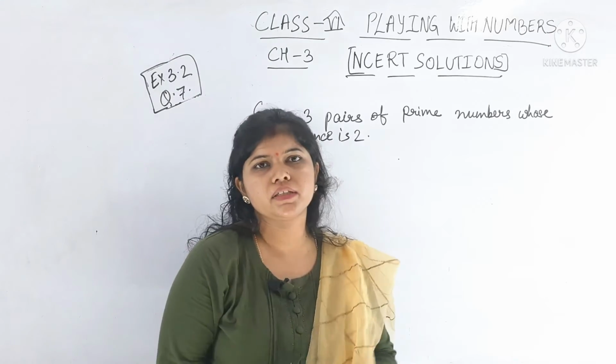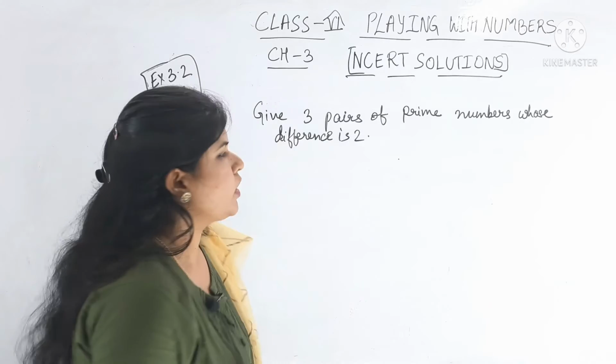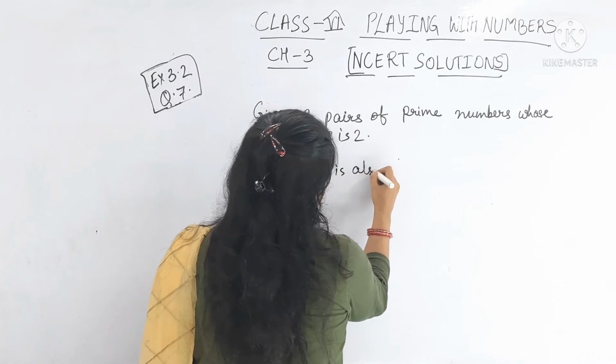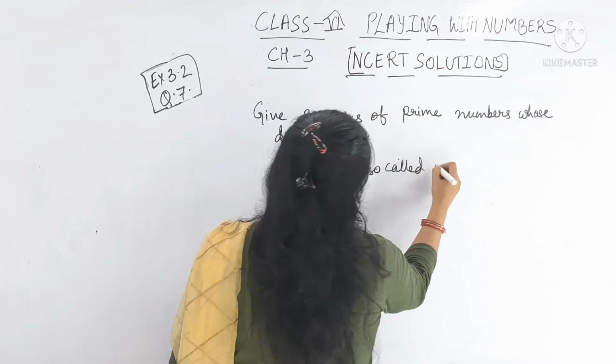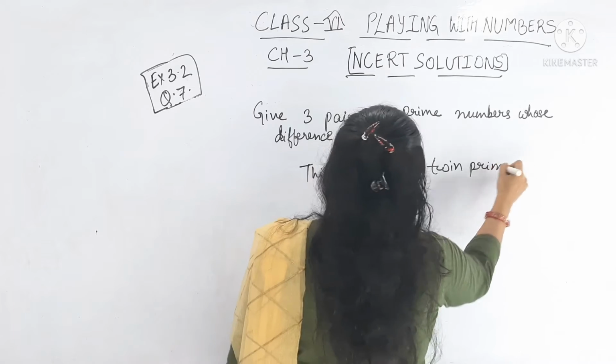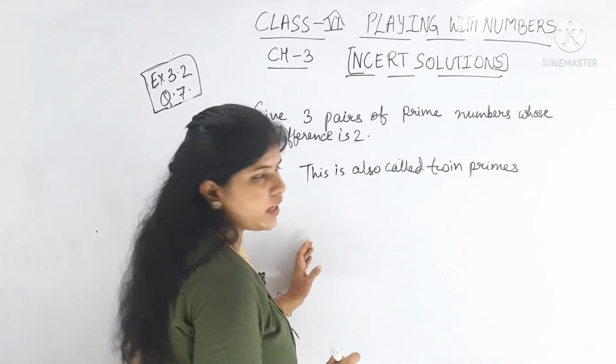Okay students, let's see question number 7. You have to write three pairs of prime numbers whose difference is 2. These are also called twin primes. So we have to write pairs.